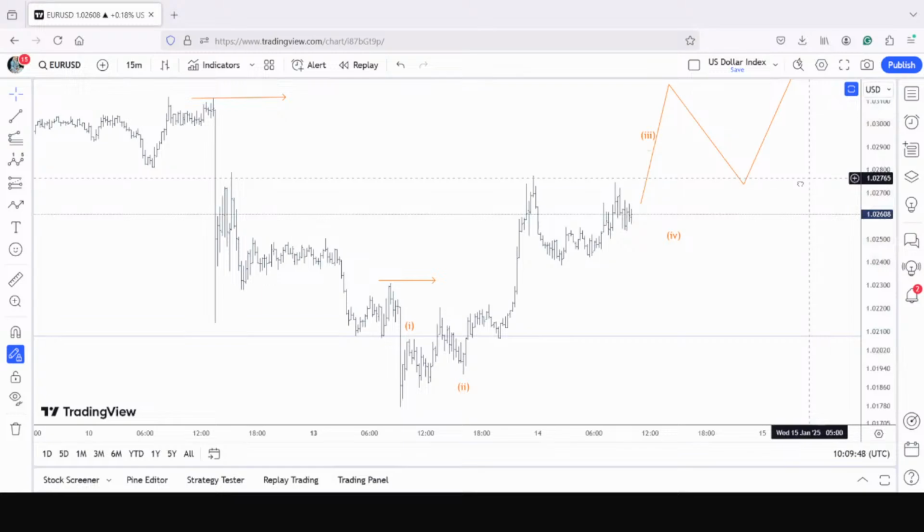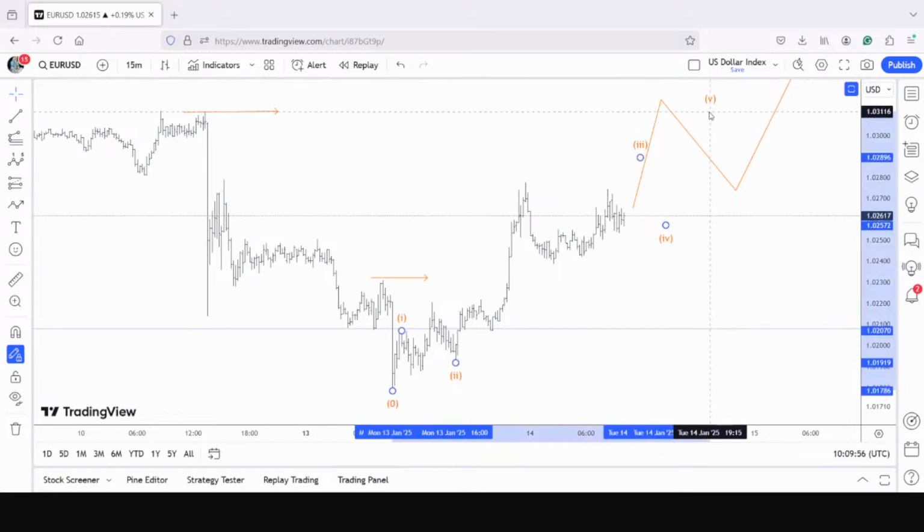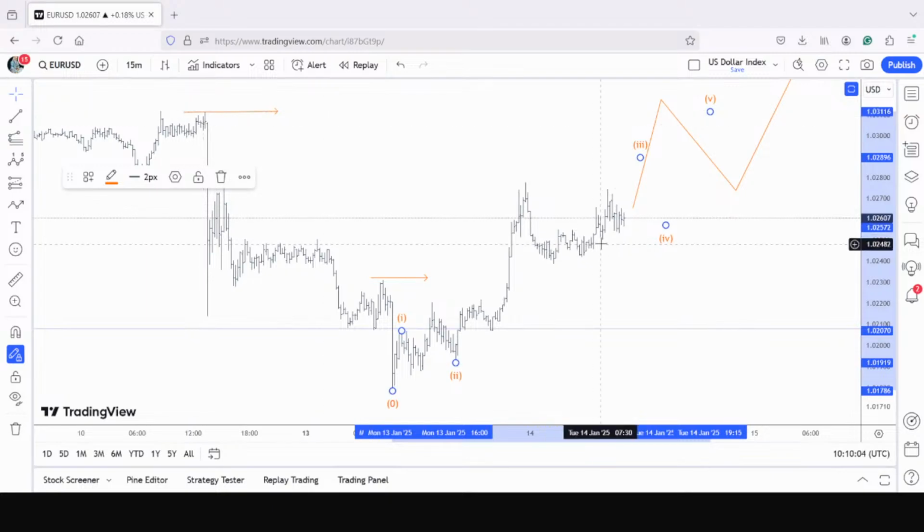So wave five would ideally be wanting to take out the 310, 315 resistance. So I firmly believe that we are extending the third wave, with a bit more sideways action before the third wave completes.